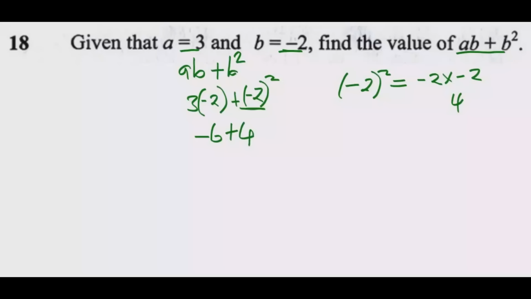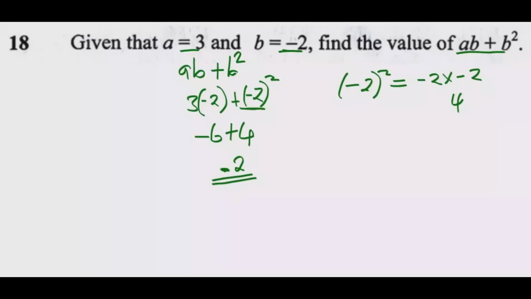Then we ask ourselves, which number is bigger between 6 and 4? Without considering the signs, we say 6 is bigger. That means our answer is going to be a negative. Then 6 minus 4 will give us 2. So that is the answer.